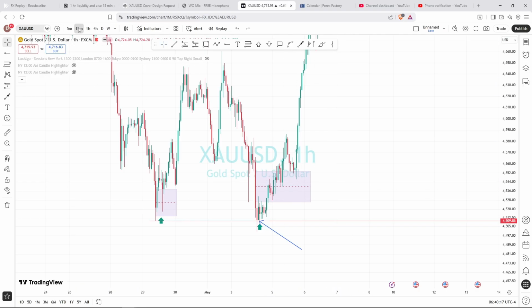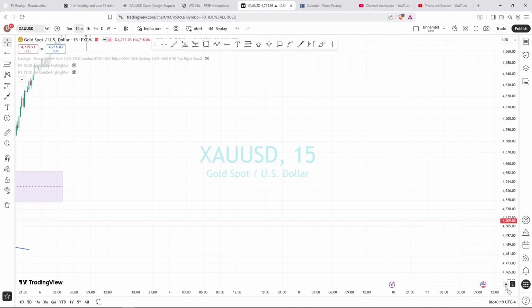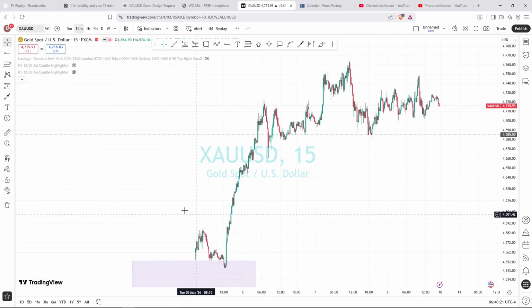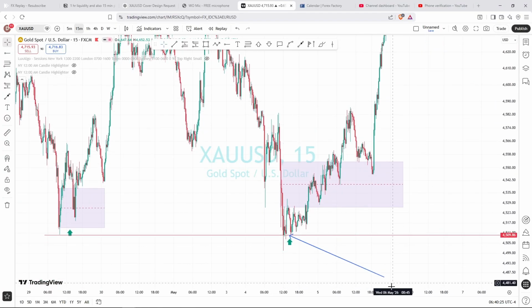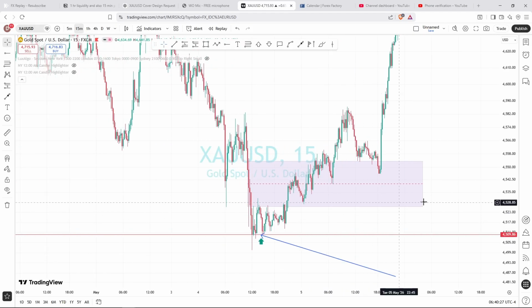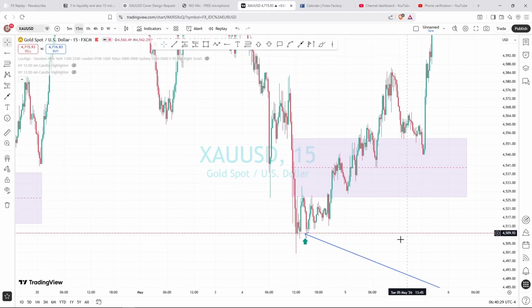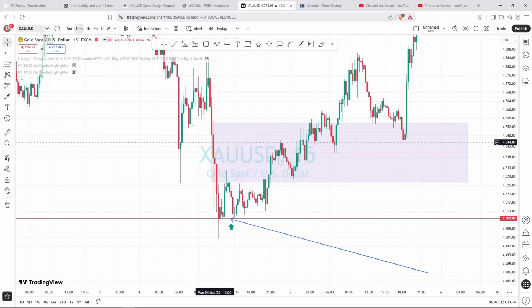Now you should come to the 15-minute time frame and look for a well-defined order block, and after the order block, there should have been good momentum to the upside. At this zone here, price left a 15-minute order block, and then it skyrocketed, with a good displacement above here.